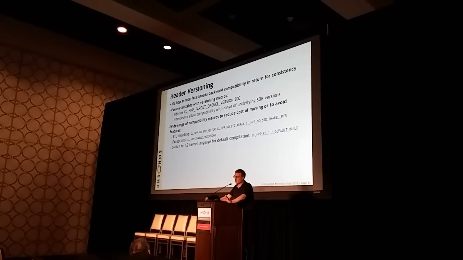So, as I said, we break the backward compatibility with creating a new interface. One of the things this allows us to do is be much more fine-grained about the way we version what versions of an OpenCL runtime the header is going to be compatible to build against. So, in most cases, people won't worry about this, but of course, there are going to be times when you're building against an underlying OpenCL implementation that's only 1.2, say.